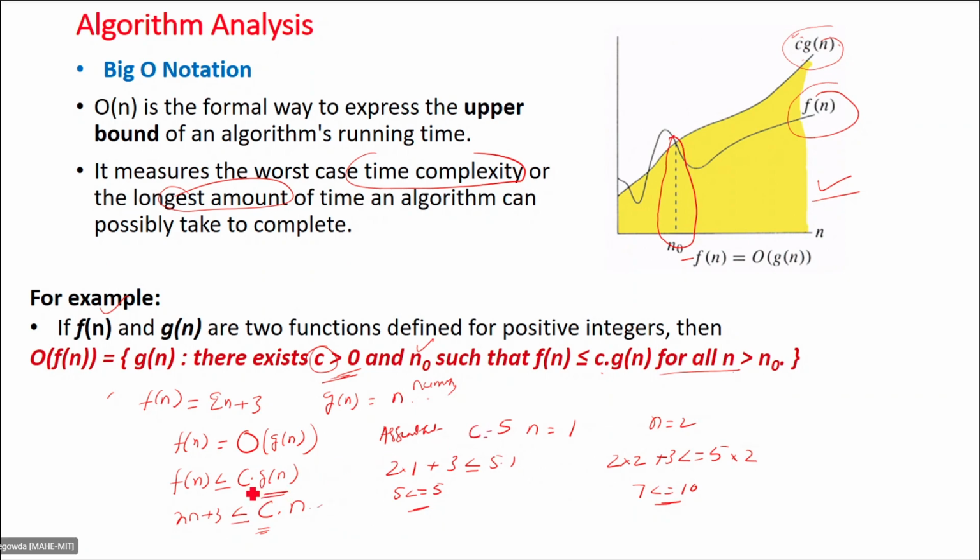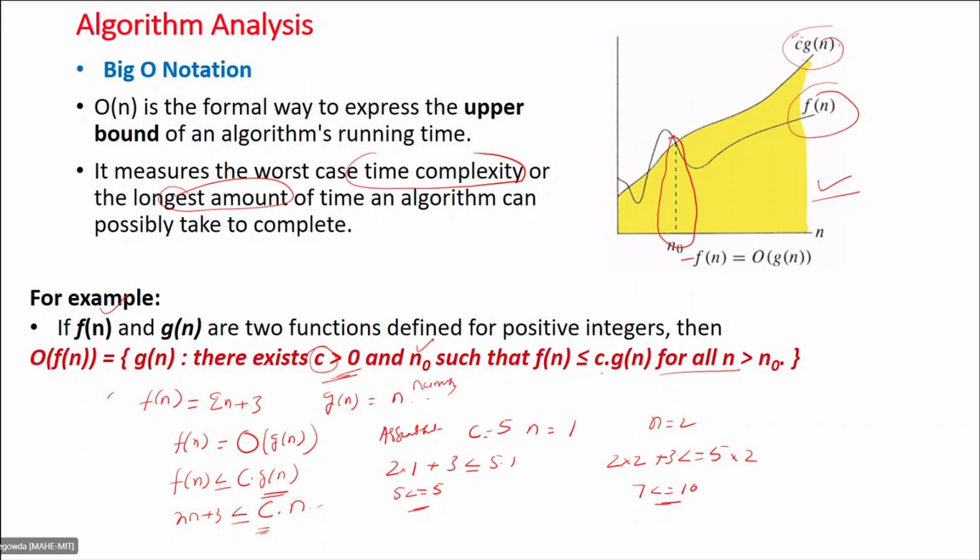That is, f of n is less than or equal to c into g of n. We know that for any value of n it will satisfy the above condition, that is 2n plus 3 less than or equal to c into n, if the value of c is equal to 5.